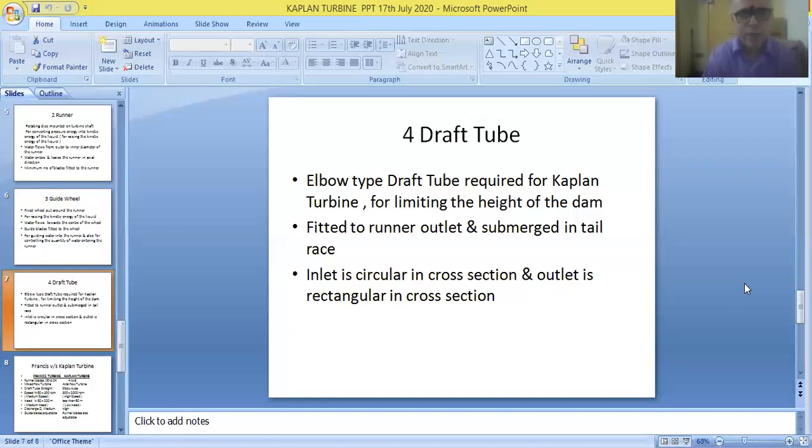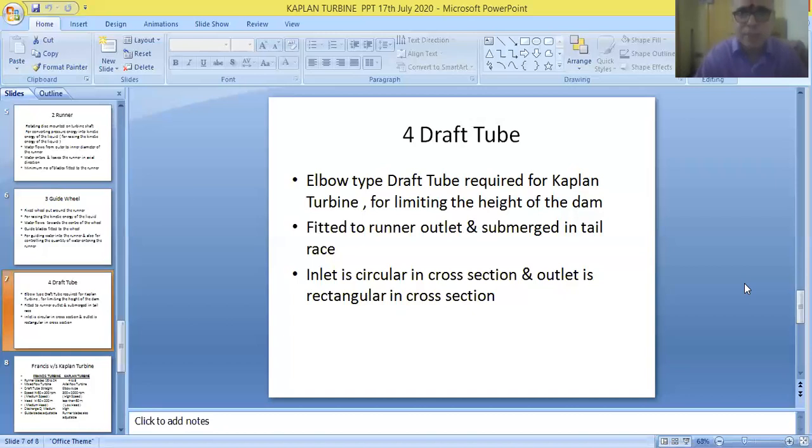And the outlet of the draft tube is rectangular in cross section, that is actually submerged in the tail race reservoir. So friends, the draft tube is essential for both Francis and KAPLAN turbines.